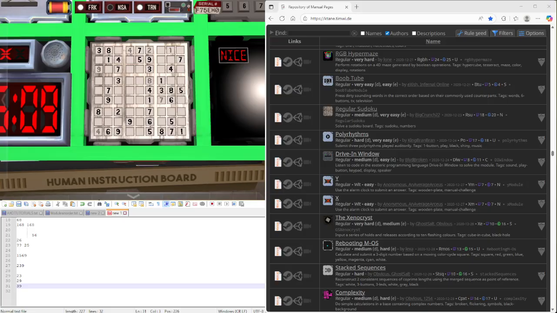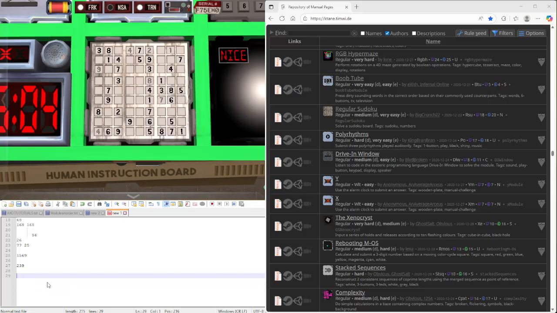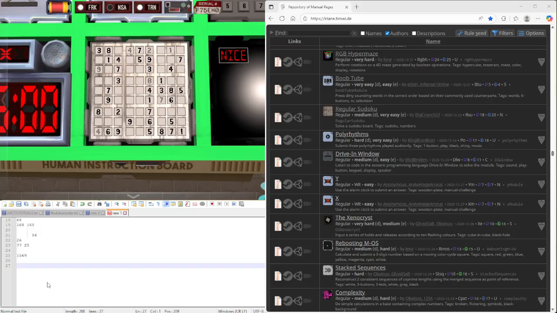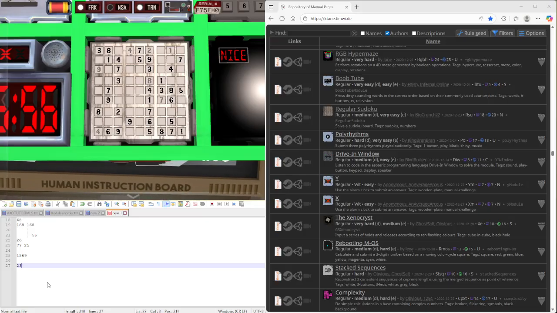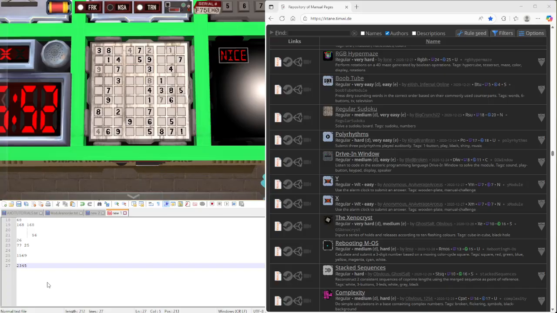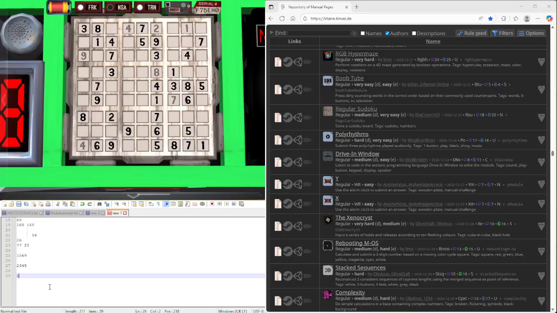Let's try that column. We need 2, 3, 4 and 5. 2, 5. 2, 4, 5. 3, 4, 5. 4.